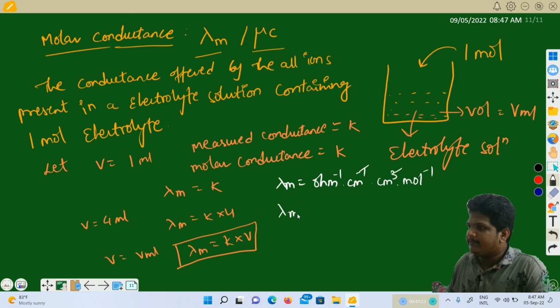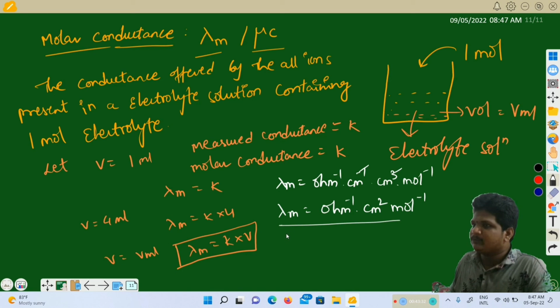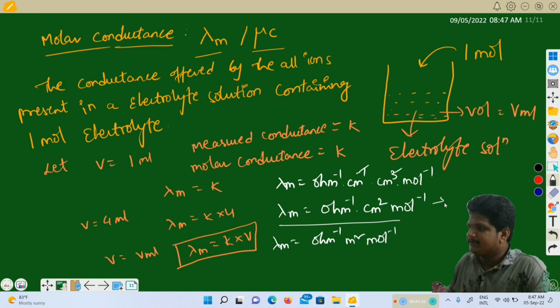So lambda m is equal to ohm inverse centimeter square mole inverse. These are the units of molar conductance. In SI units, lambda m is equal to ohm inverse meter square mole inverse. This is CGS and this is SI.